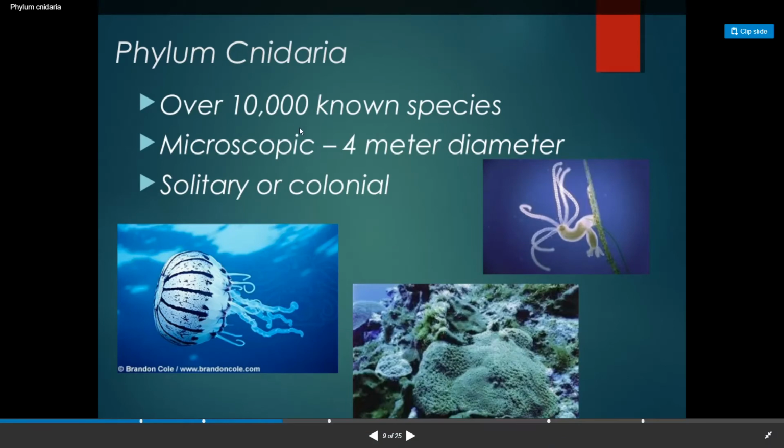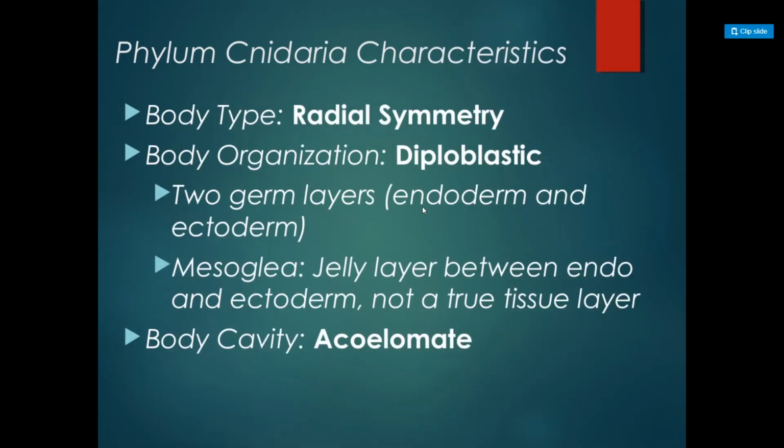So phylum Cnidaria, there are over 10,000 known species. They can be microscopic to 4 meters long in diameter. They are solitary or colonial, which means they live in a colony. Phylum Cnidaria characteristics. So they have radial symmetry. Their body plan is set up in a circle.